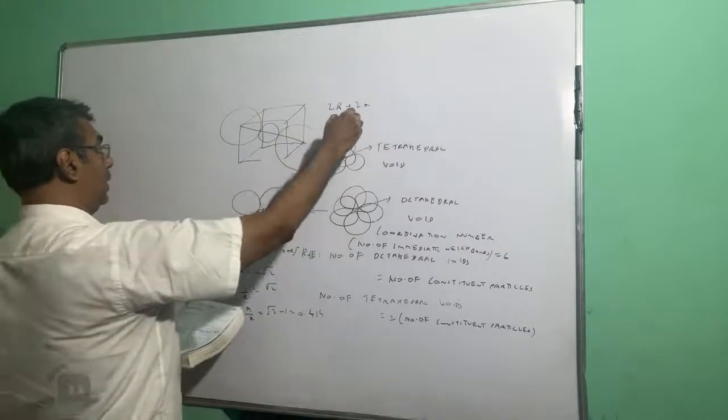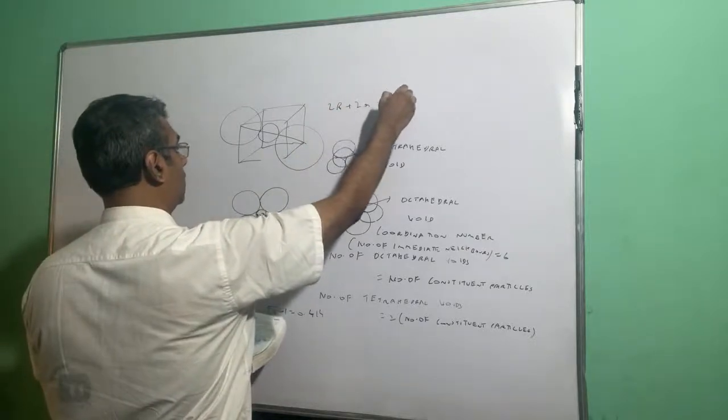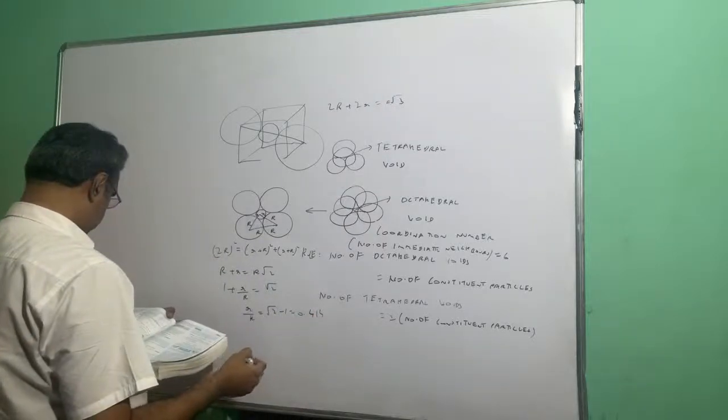So 2 into capital R plus 2 into small r is equal to a root 3.